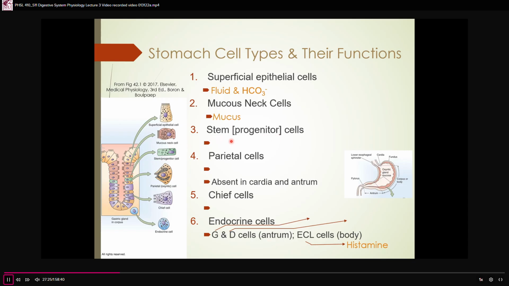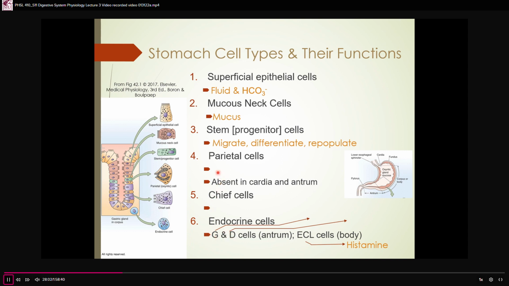These are undifferentiated pluripotent cells that have the capacity to produce cells that can migrate upward, differentiate, and become mucous neck cells or surface epithelial cells, or can migrate downward and become acid and intrinsic factor secreting parietal cells, pepsinogen secreting chief cells, or lipase secreting chief cells, or even some of the endocrine cells that are down in the very base of the gland. These would be cells like the G cells and the D cells.